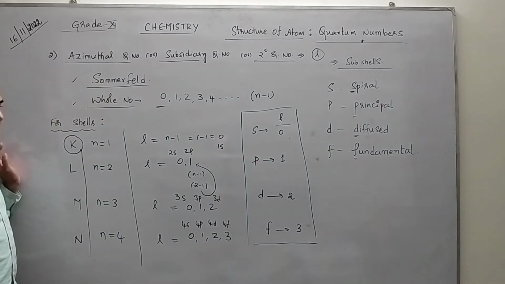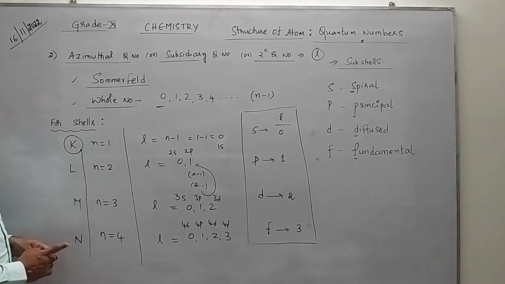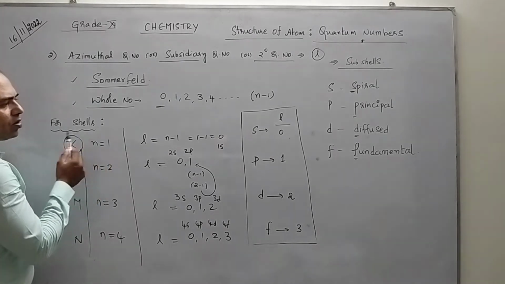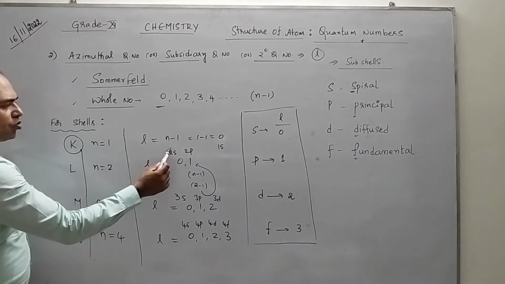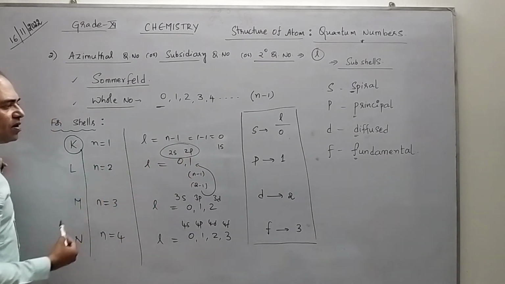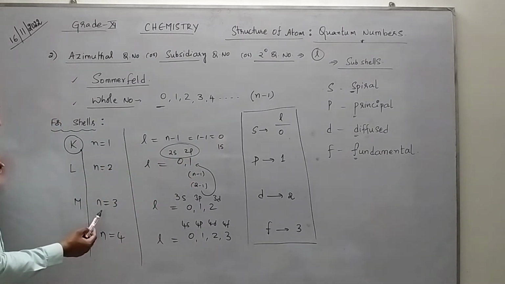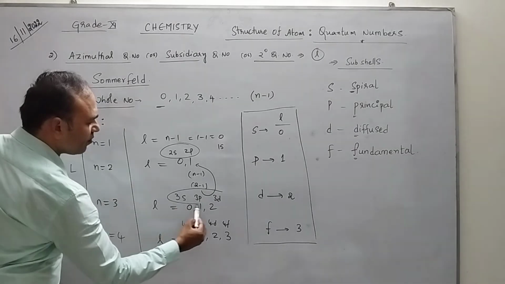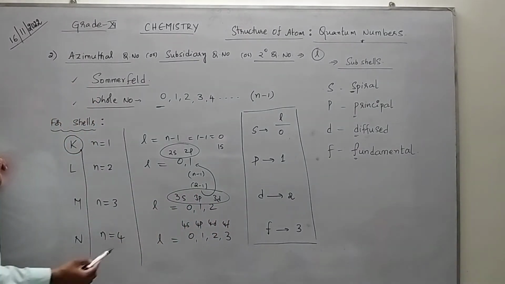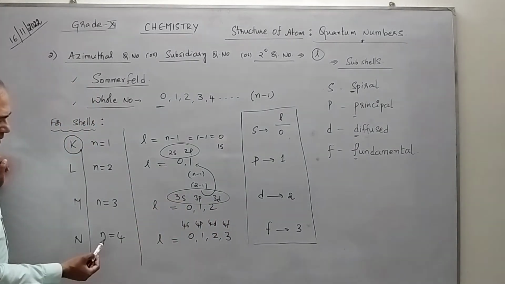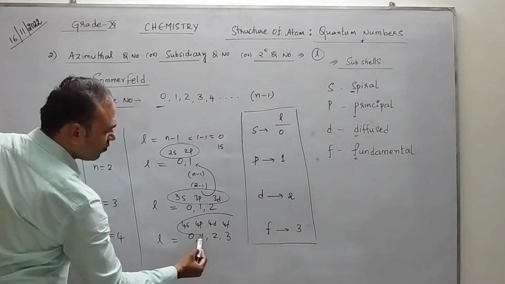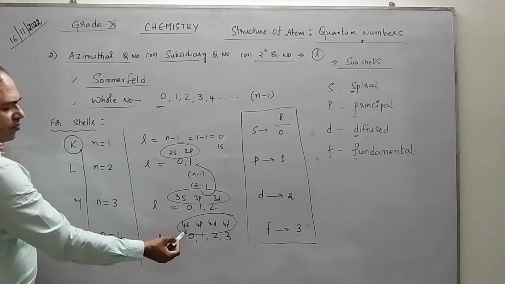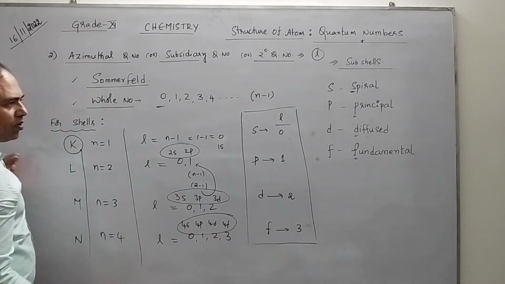Hope you are able to understand this. Now the number of subshells in n is equal to 1 is 1, here it is 2. What are the 2 subshells? 2s and 2p. N is equal to 3, you have got 3 subshells, that is 3s, 3p, 3d, and n is equal to 4, you got 4 number of subshells, that is 4s, 4p, 4d and 4f.